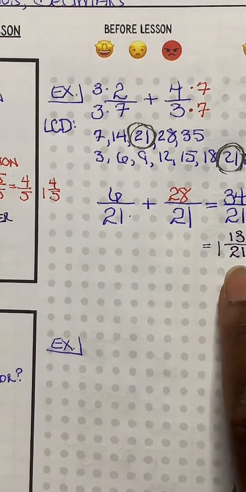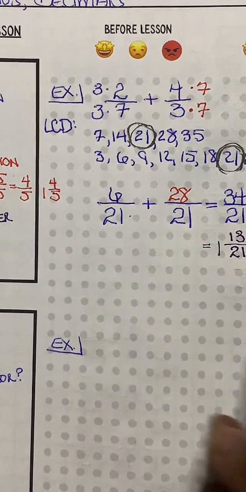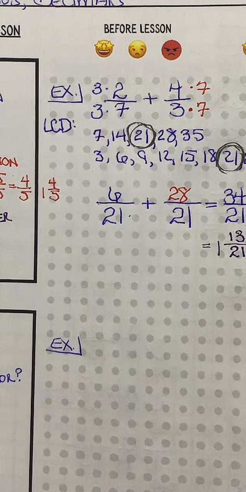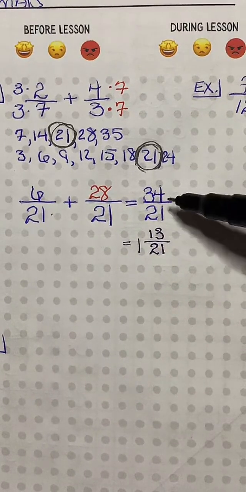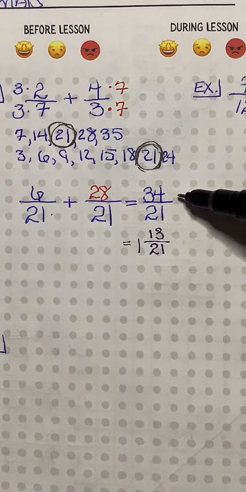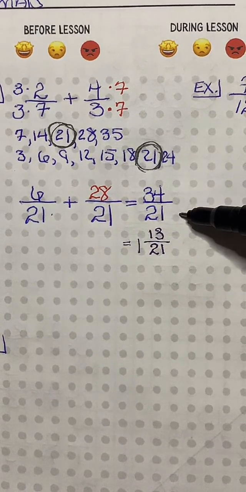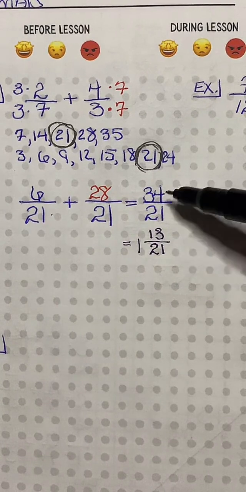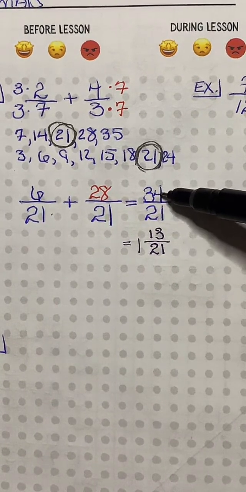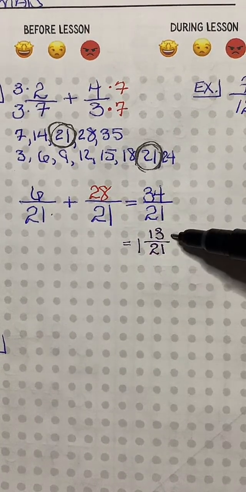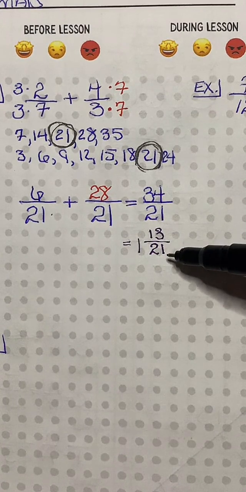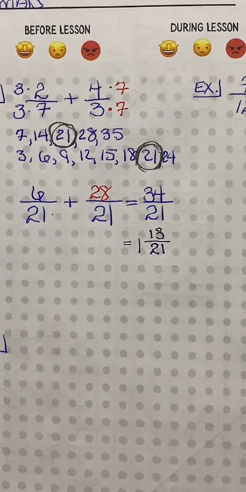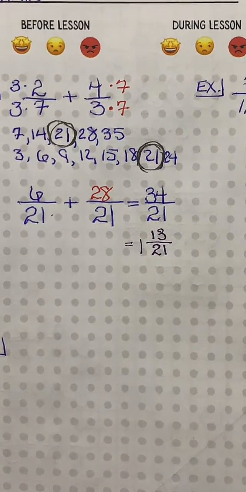That's still going to be my denominator. So if we don't like the improper fraction and you want to make it into a mixed number, you pull the 1 out, so that could be minus 21 over 21. Then you subtract the 34 and the 21 to get your 13, and you put it over the denominator that you found, which was the 21. All right?